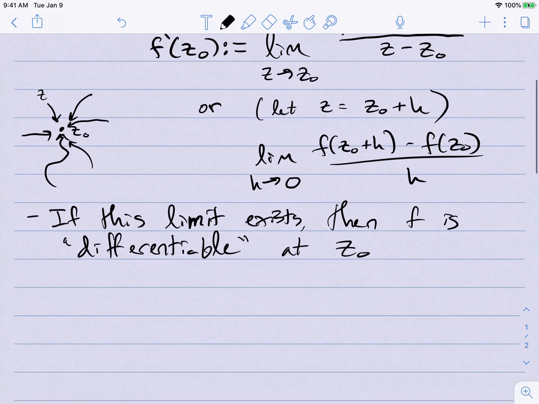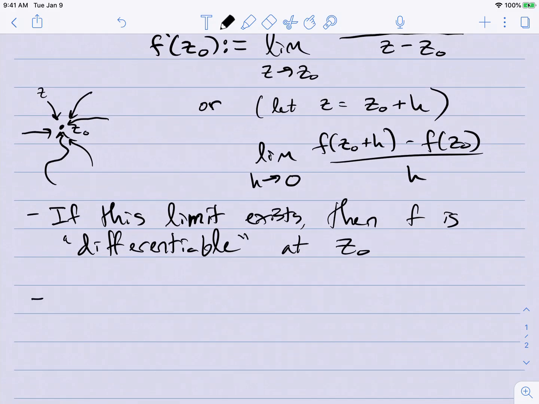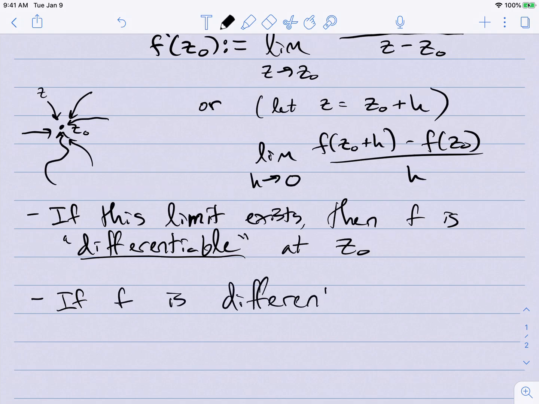And it turns out to be really useful to introduce the following concept. So that was the first definition. If f is differentiable, not just at z naught, but for all points near z naught as well.